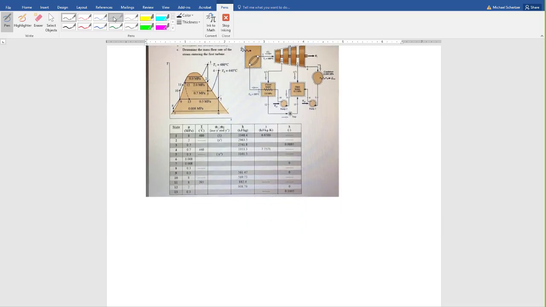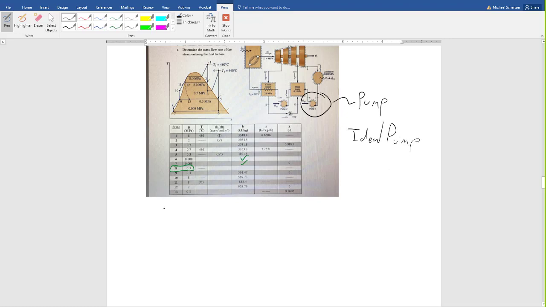So now we've got H6, we've got H7. How do we get H8? You have to ask yourself about the process. We're going from state 7 to state 8. This is a pump, and it's an ideal pump.